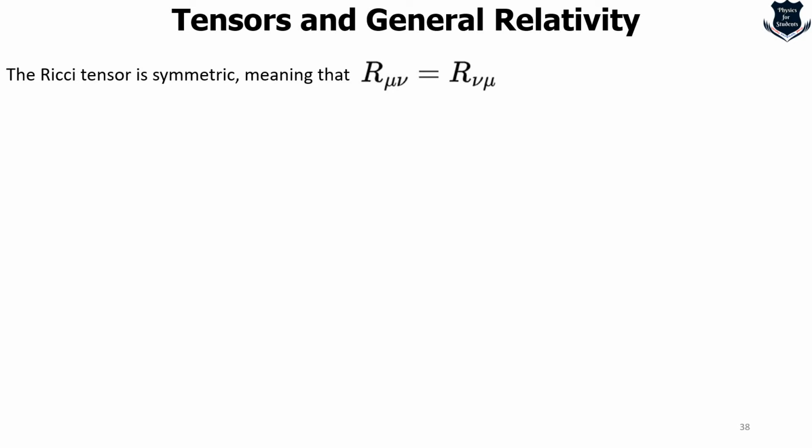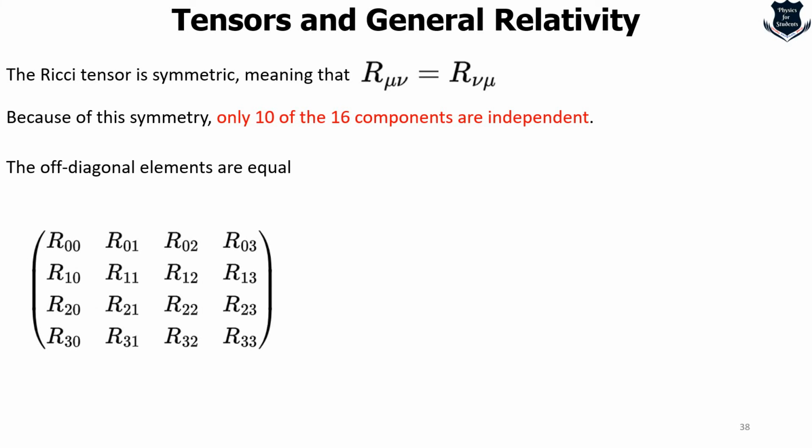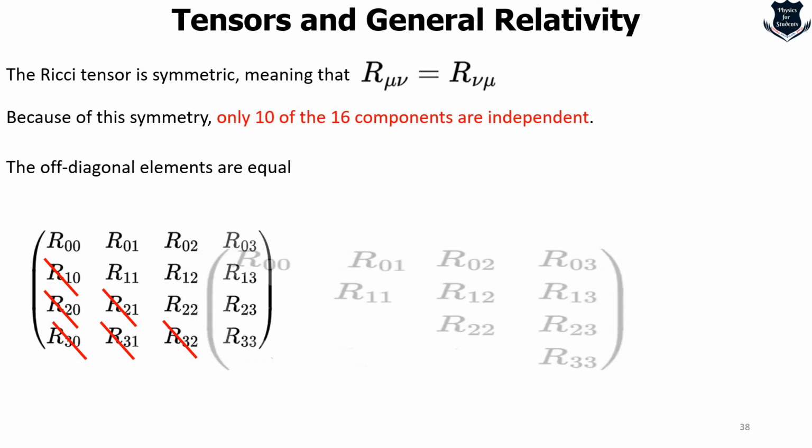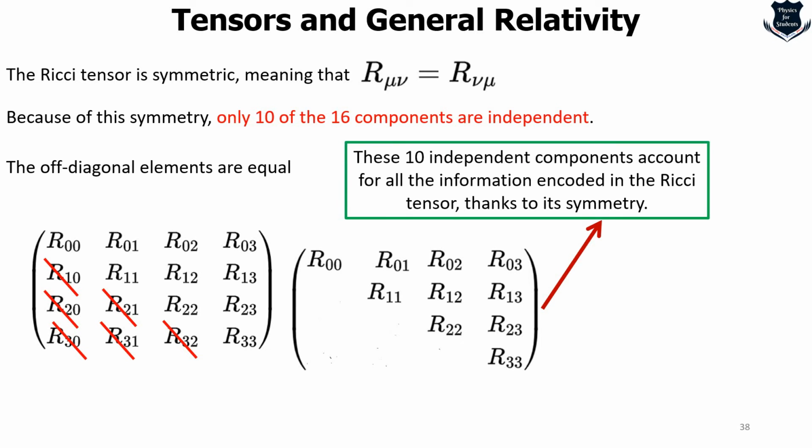But for the time being, let us understand that mu nu and nu mu, when you swap the indices, will be the same. Why? Because it has only 10 of the 16 components which are independent. And how can we show that? You see this part, then we cancel off all this, and what ultimately remains is 1, 2, 3, 4, 5, 6, 7, 8, 9, 10. And these are the independent components.